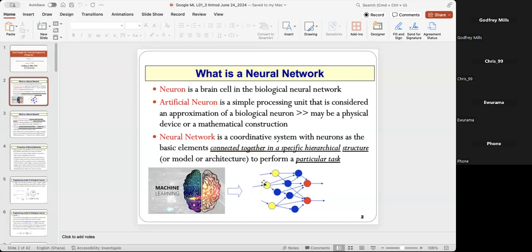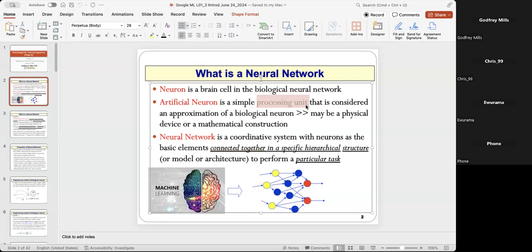In this diagram, with the yellow, blue, and red, each cell is a neuron, and all the neurons come together to form the brain. In biology, each neuron is a biological cell. But in terms of machine learning, it is a processing unit. Each neuron will do just one processing operation.